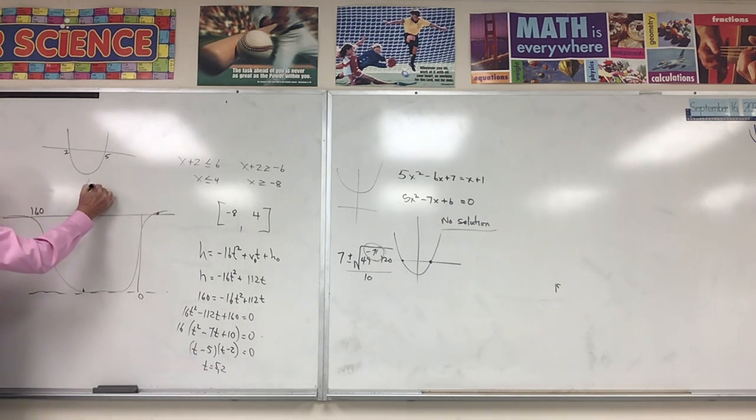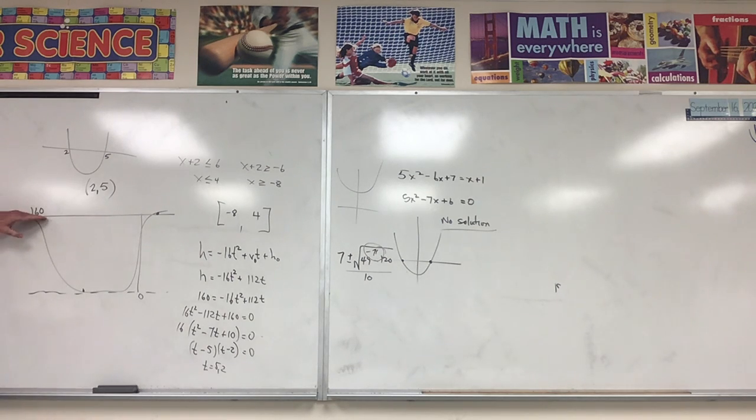So therefore, we want (2, 5) with parentheses, not at 2 seconds. If you're standing up here and it's right here, most likely you won't see it yet. Do we need to put seconds after the 5? Not necessarily, but you could.